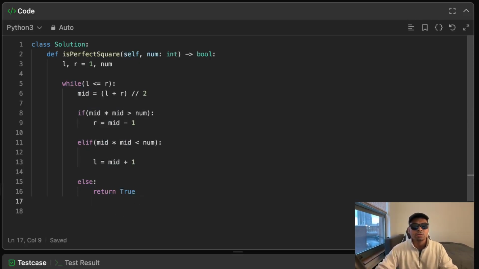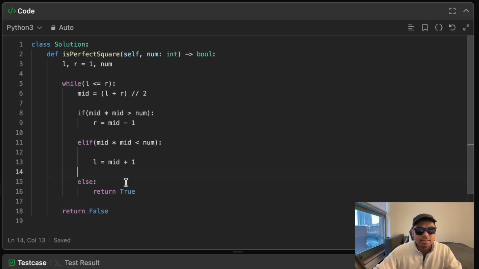Otherwise you never came across any valid k whose square was equal to num, so you just return false. All right, and its time complexity would be log n.